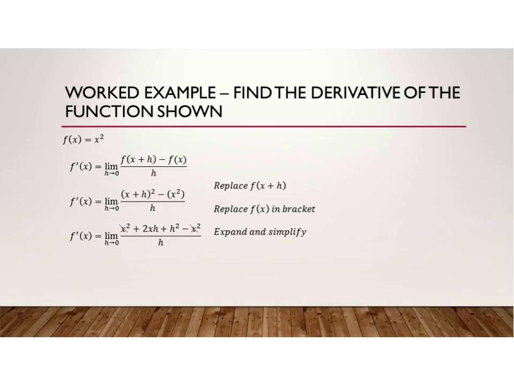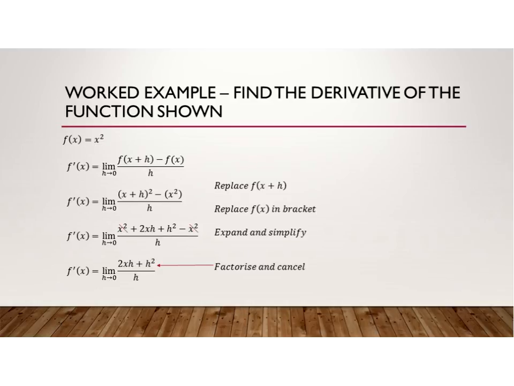So, we remember that the next thing we do is simplify, and when we simplify, whatever was the original function, every term in it must be able to be cancelled out of that numerator. Notice that we have the original function, which is x squared, and there's a positive x squared and a negative x squared, so they can cancel out. What you get left with is just 2xh plus h squared all over h.